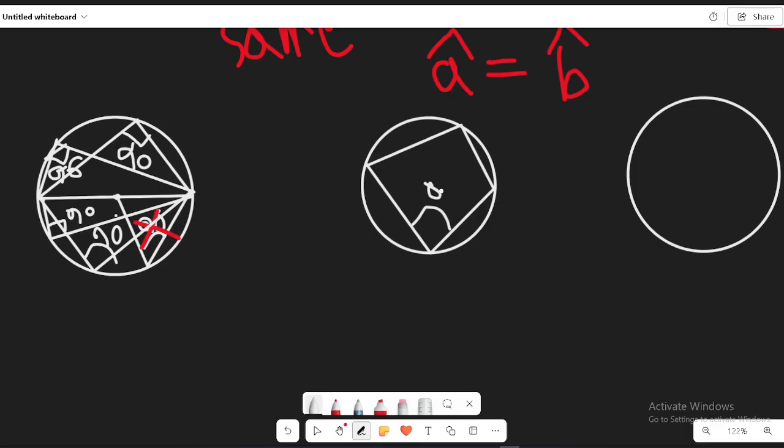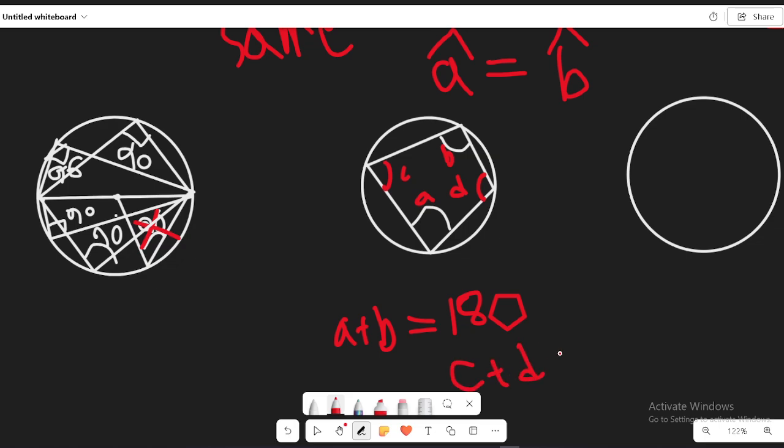Let's label these as A, B, C, and this is D. The opposite facing angles, say A plus B here, must be equal to 180. And here C plus D is 180. That's all you have to remember.